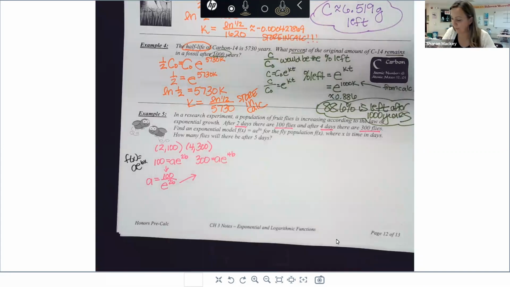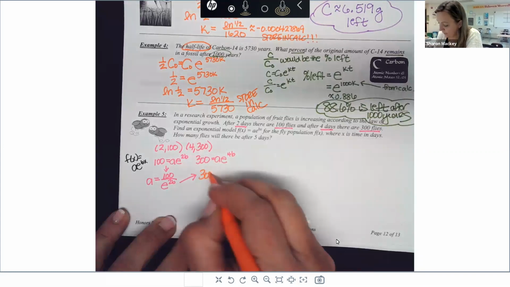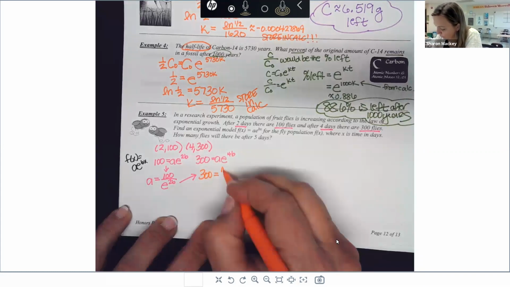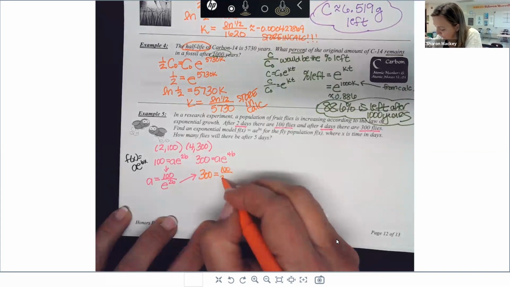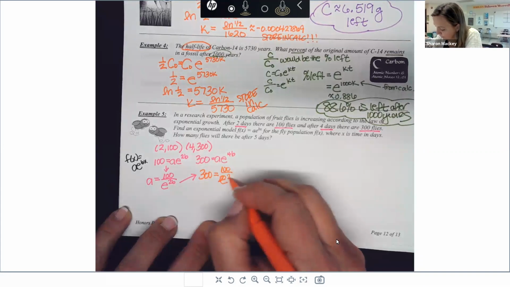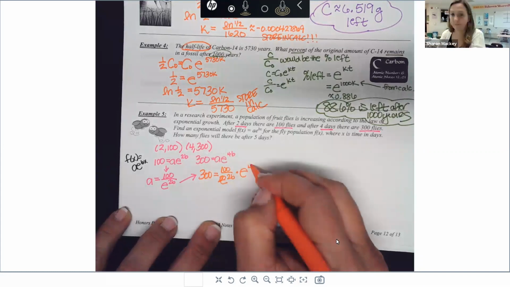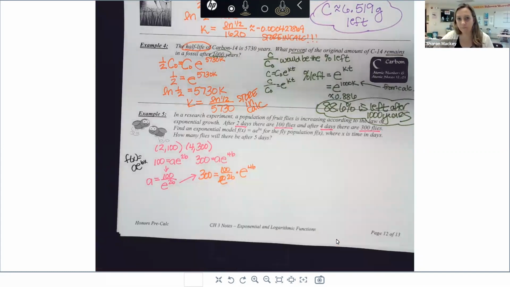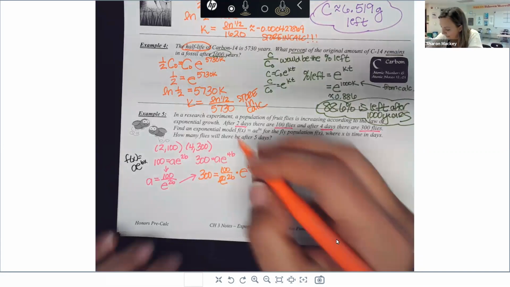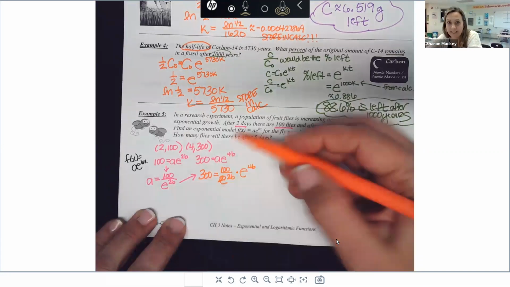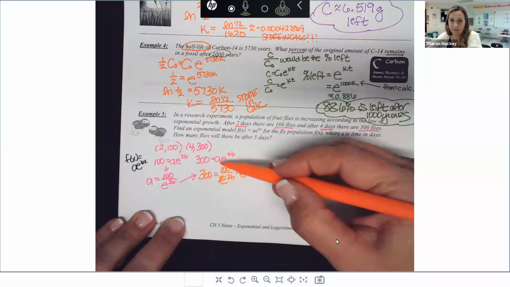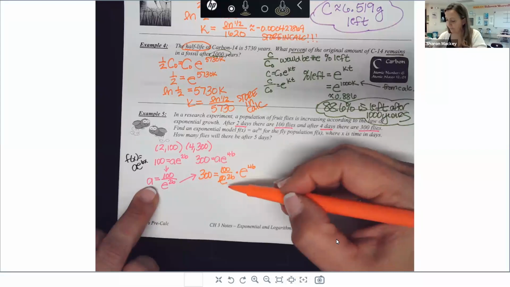So then into that equation, 300 equals, in place of a, I can put 100 over e to the 2b times e to the 4b. Again, all I did is I took this equation and replaced the a with the a value that we found from this guy over here on the left.